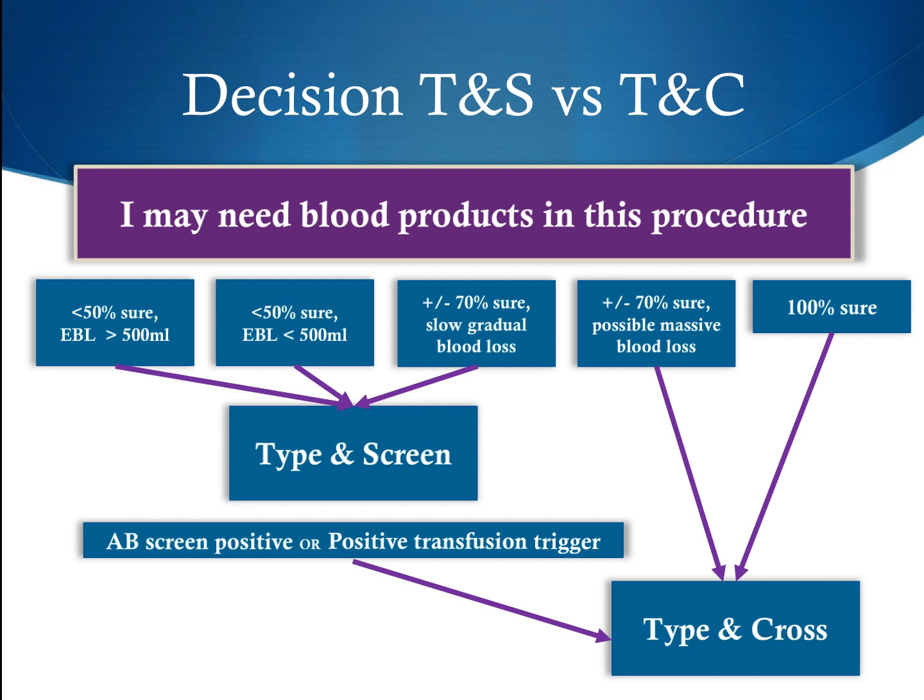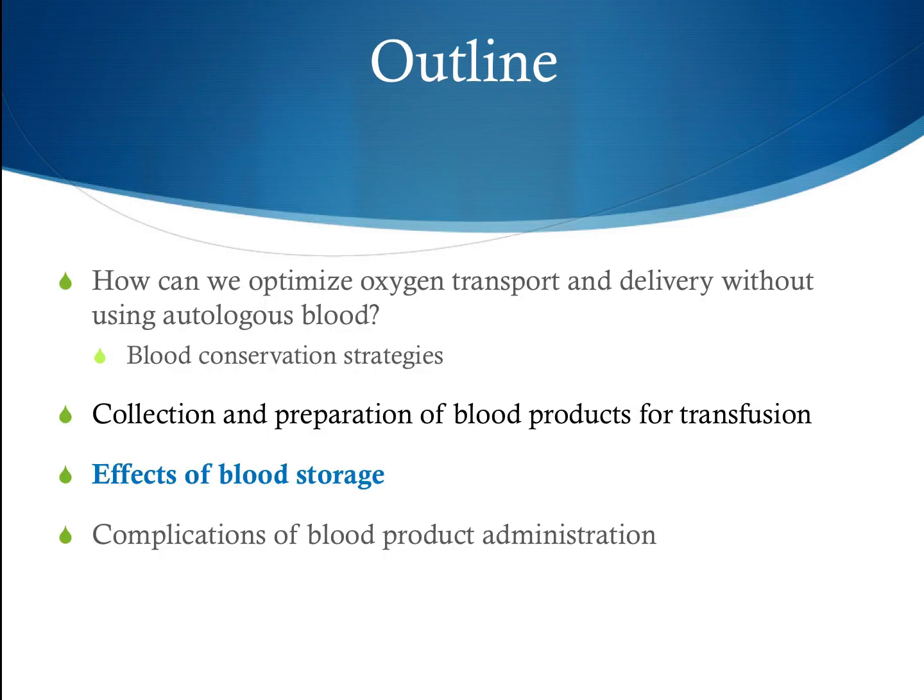Or when I reach a positive transfusion trigger, where all indications are that my oxygen delivery is not sufficient, then upgrade to type and cross. Okay, I hope this graph helps a little bit, but this is exactly how I think when I work up this problem. So let's move on to what effects storage time has on our blood components.